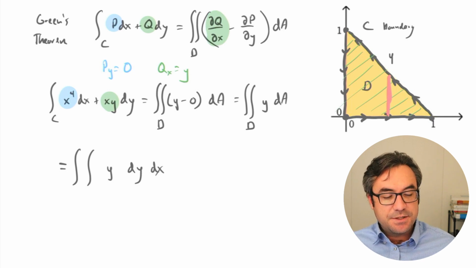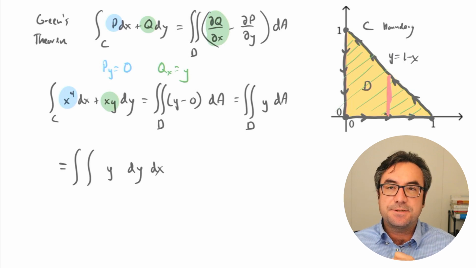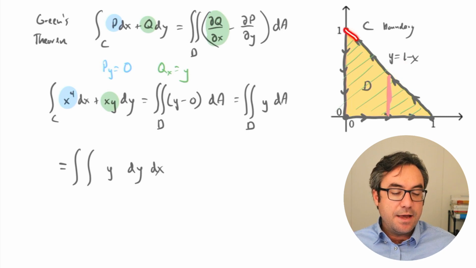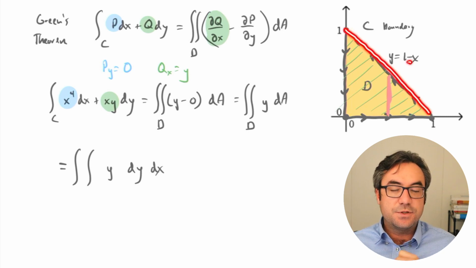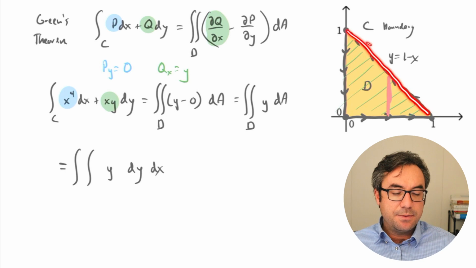So in this case, this is just a line, and the equation is 1 minus x. So it intersects the y-axis at 1, and then our slope is negative 1. So that's how we have the negative. All right. So that is our top edge.